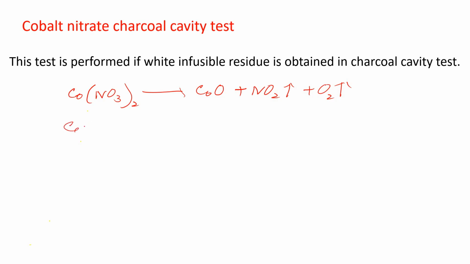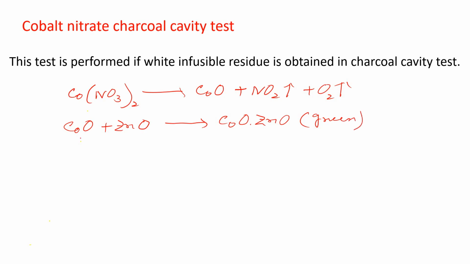Say cobalt oxide plus zinc oxide, it combines and forms a colored compound. Here, cobalt oxide with zinc oxide, and this color is green.